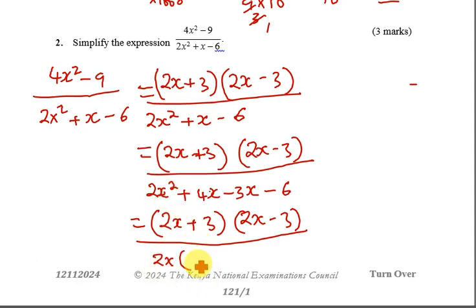Then if you do that, we remain with x plus 2, then minus, what is common between negative 3x and negative 6 is 3. So we have negative 3, x plus 2.